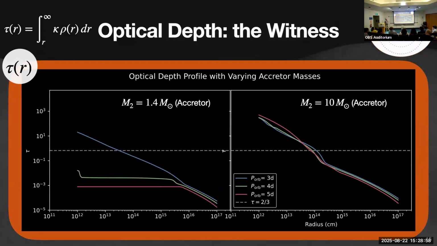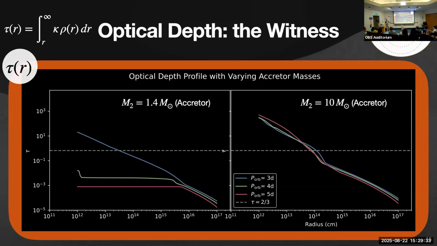Interestingly enough, for a solar mass companion, the shock breakout would occur sooner than we would with the 1.4 mass system.